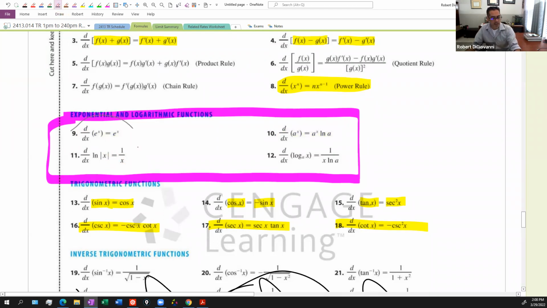Those two are intimately connected to one another because that's the natural exponential. These two are connected. These are more general. This is for any exponential function. The derivative of a to the x is itself times the natural log of a. And the derivative of any log function is 1 over x natural log of a. So you have to throw that in there for the general logs and the general exponential.